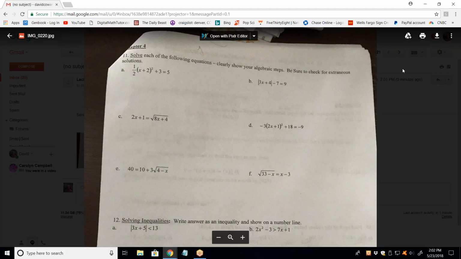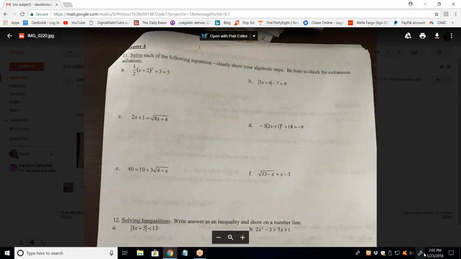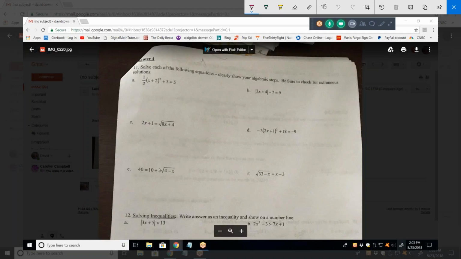Okay. What's the first step on A? Subtract 3. Okay. What's the next step after that? Multiply by 2. So that's going to leave us this. Don't usually do two steps in one, but now what's the next step?